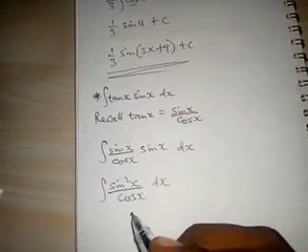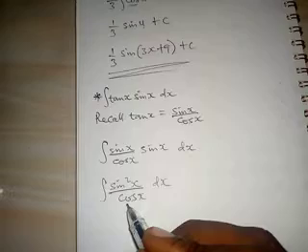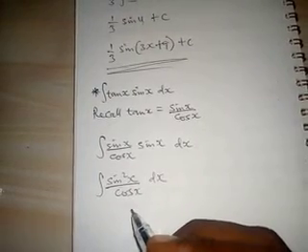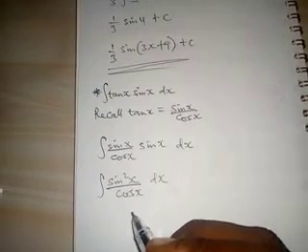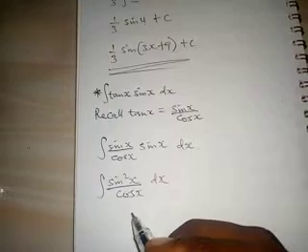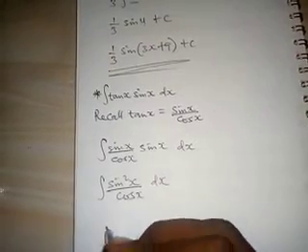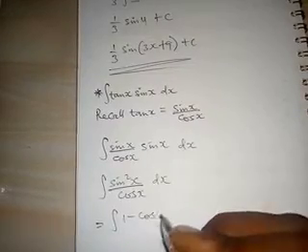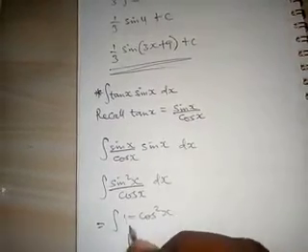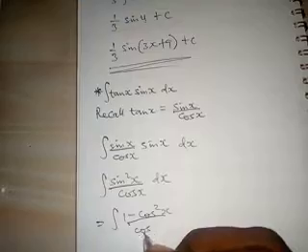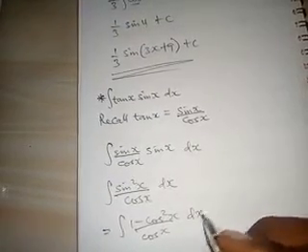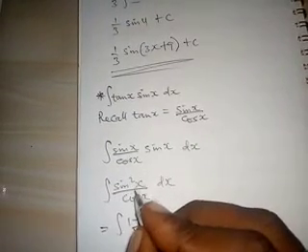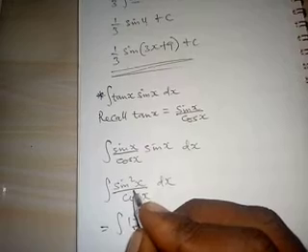Now, sine squared x, according to fundamental identity also, can be rewritten as 1 minus cos squared x. Because of that, we can say integral of 1 minus cos squared x over cos x dx, because this is the same thing as sine squared x.